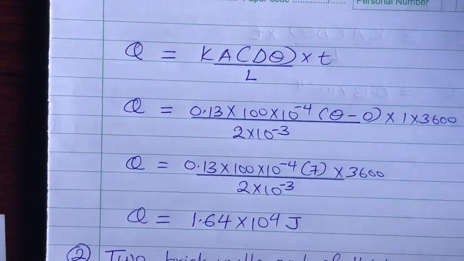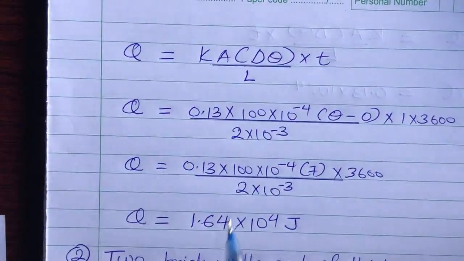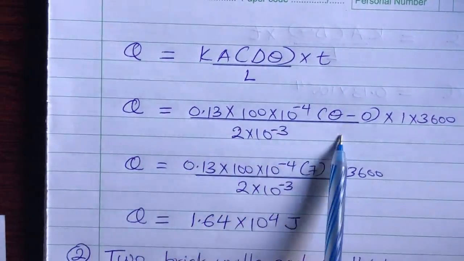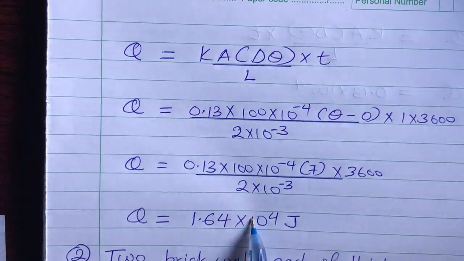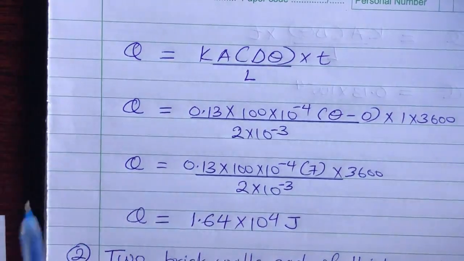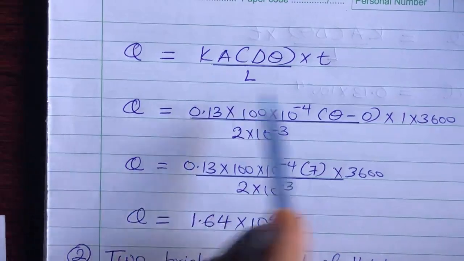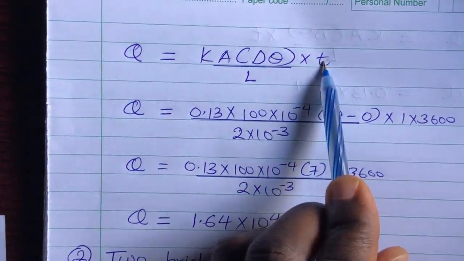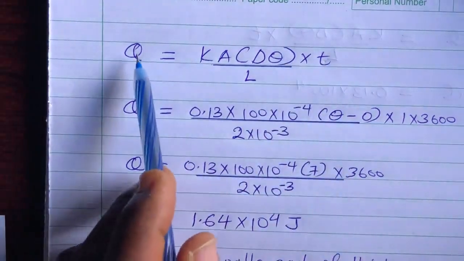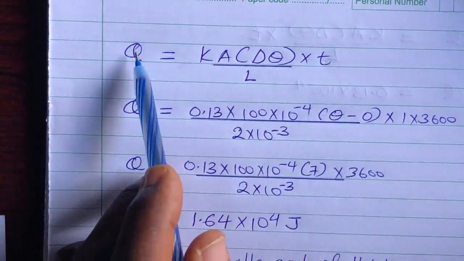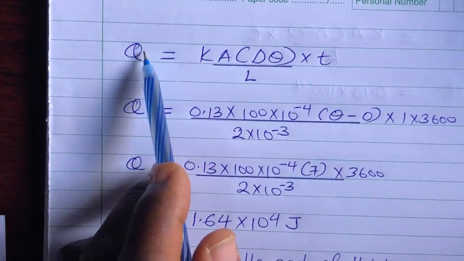After getting the temperature, we shall substitute and get our final answer. Remember, from that formula for rate, we are multiplying through by time, so that instead of having rate of heat flow, we now get the amount of heat flow.